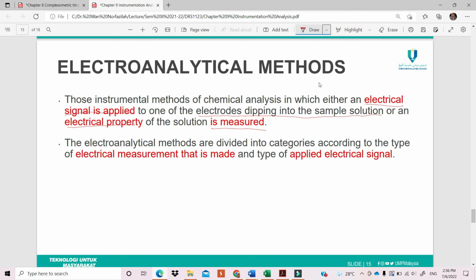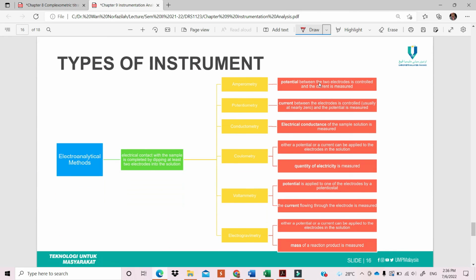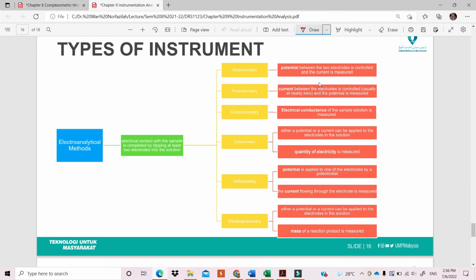So the electroanalytical methods are divided into categories according to the type of electrical measurement that is made and the type of applied electrical signal. So here, we have divided into the type of electrical, whether it is applied or measured.